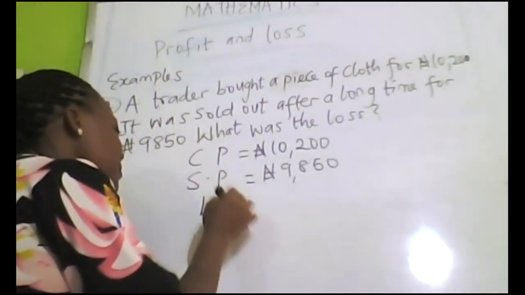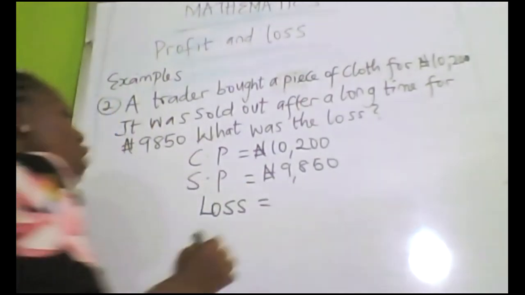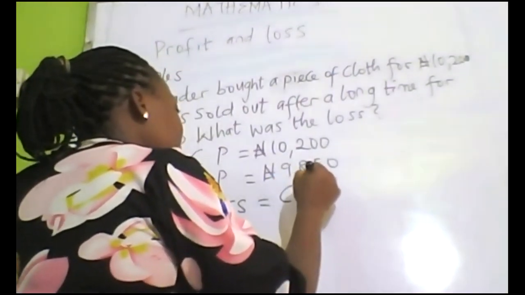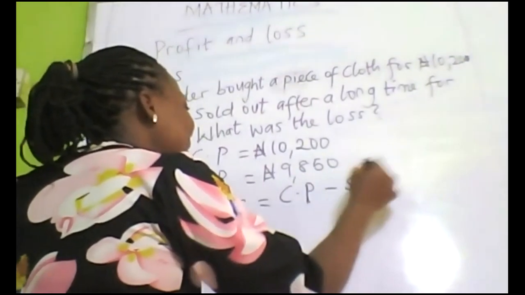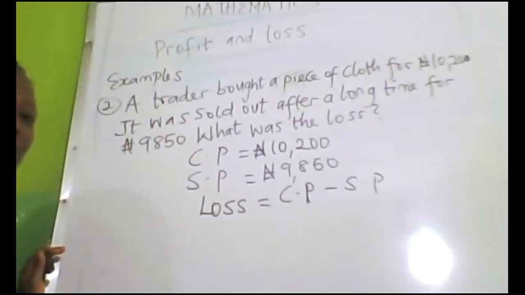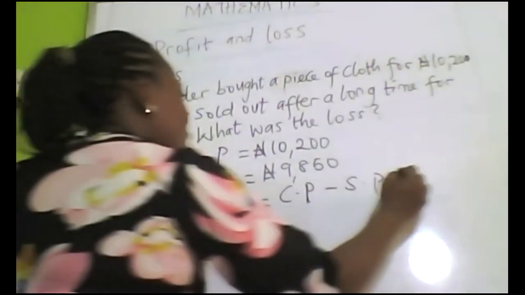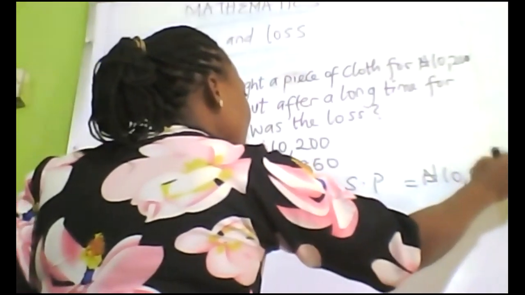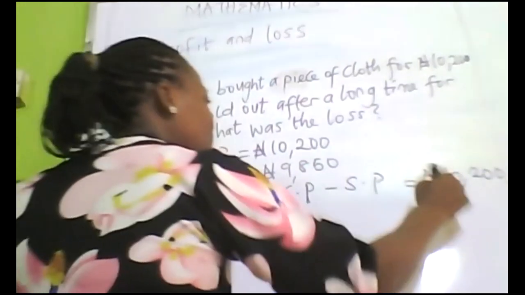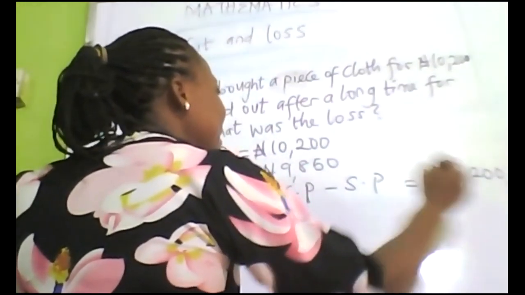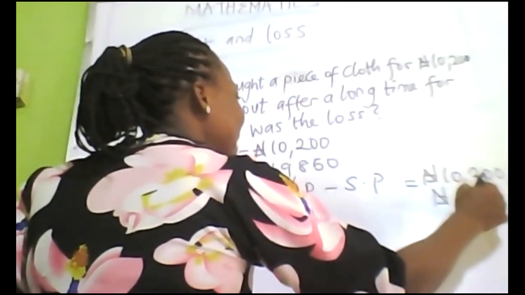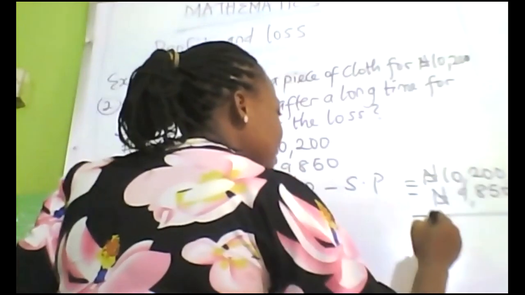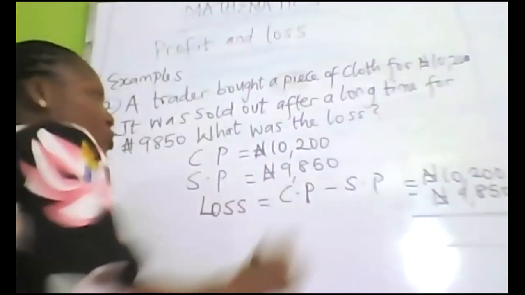Now, loss is equal to cost price minus selling price. The cost price is 10,200 naira, and the selling price is 9,850 naira. Subtract.